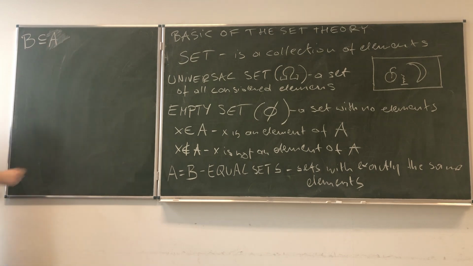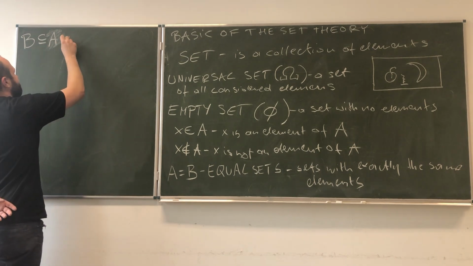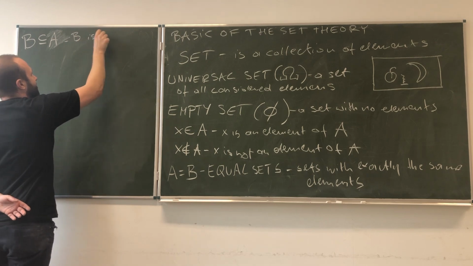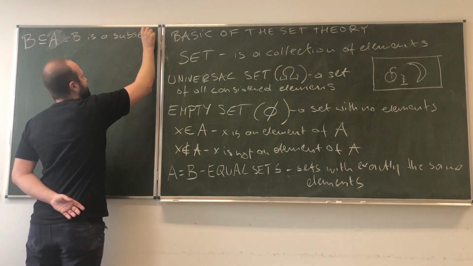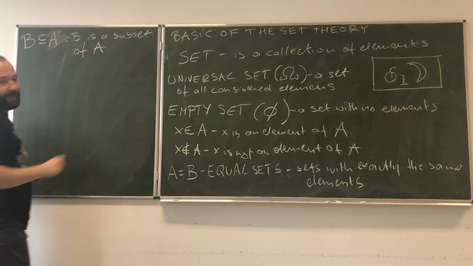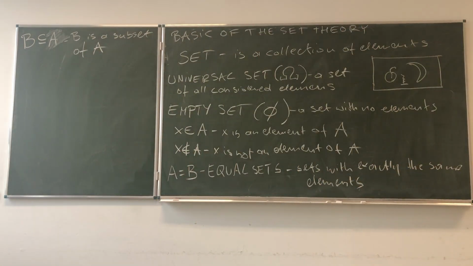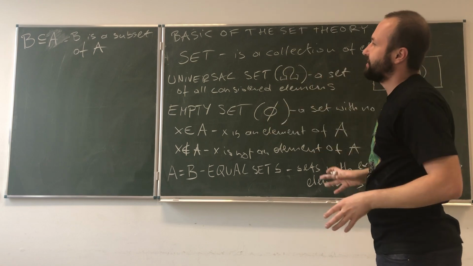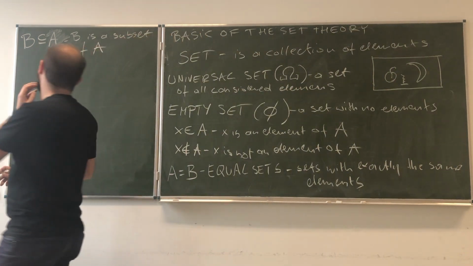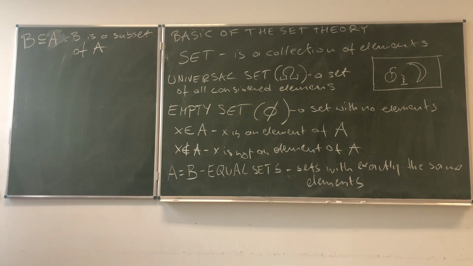Okay, when we see something like that, we say that B is a subset of A. What does this mean? It means that B is contained within set A, which means that B is like a portion, a smaller set of elements, all contained within A. Or the sets are the same; they are equal sets.